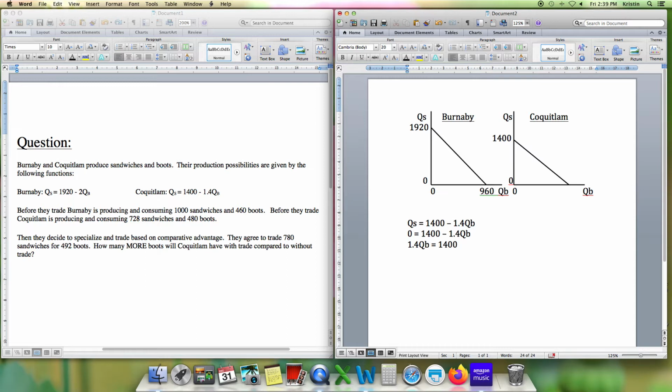And now we want QB by itself, so we're going to divide both sides by 1.4. The 1.4 and the 1.4 will cancel out, so we're left with QB equals 1400 divided by 1.4.